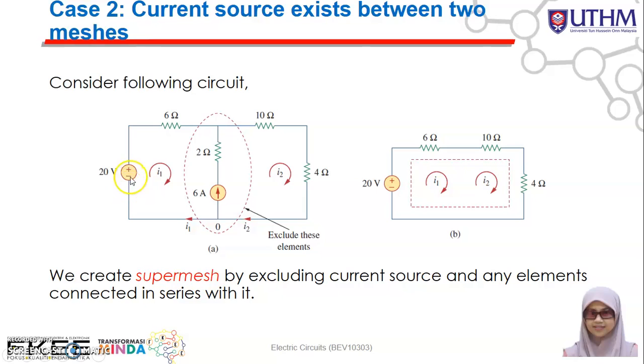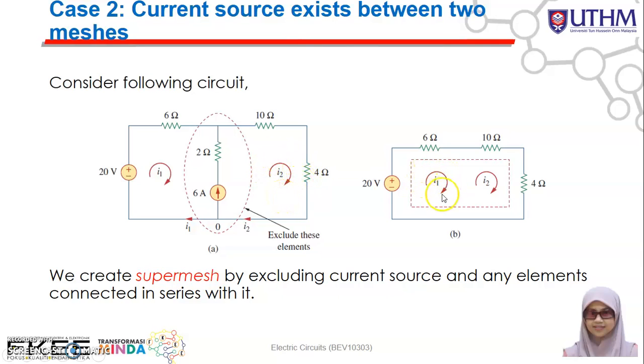In this case, we have a 20 volt source connected to 6 ohm, and then you have a 10 ohm here and a 4 ohm here. You just exclude anything that intersects in between, so the current will be the same. Here you have the first mesh current, I1, and here the second mesh current, I2.